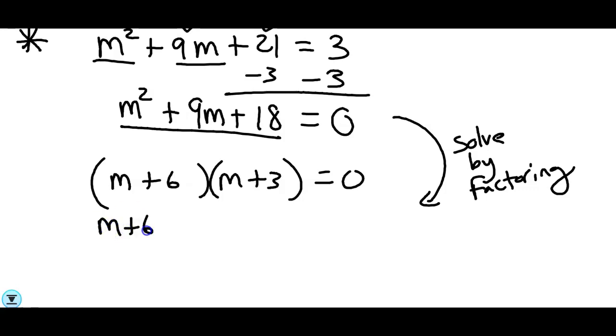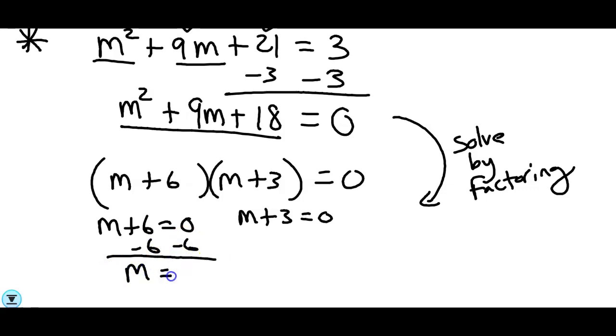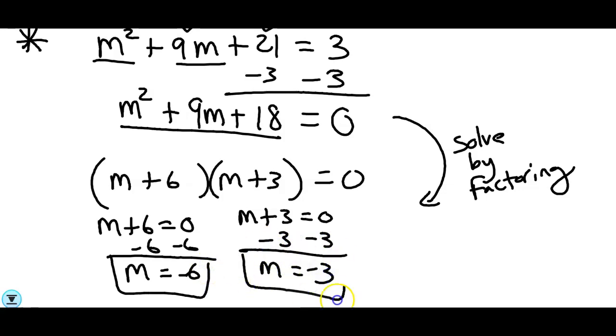After you do your box method, you set them both equal to 0, and you solve both. So this is a big boy problem or a big girl problem. Well, there's a lot going on in there, a lot of algebra. So we just have 2 points now. That's it. You end up with 2 answers.